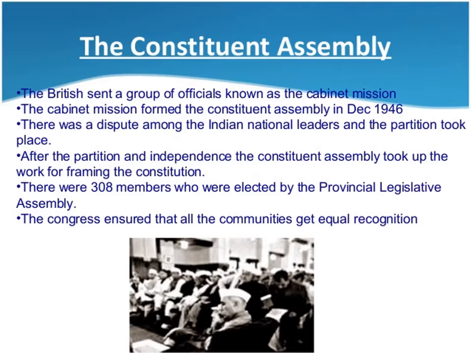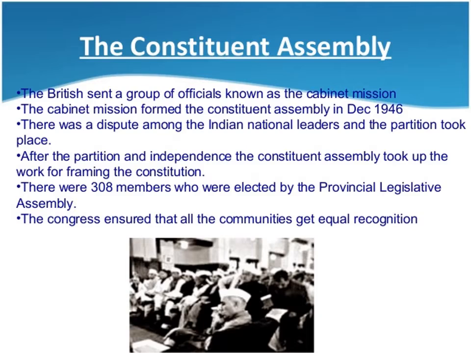There was a dispute among the Indian leaders, and the partition took place. So what was the dispute? The dispute was between the Hindu and Muslim communities. Basically, the leader of the Muslim League, Jinnah, wanted a separate state for Muslims, that is Pakistan, and Congress was not ready for the theory of partition.